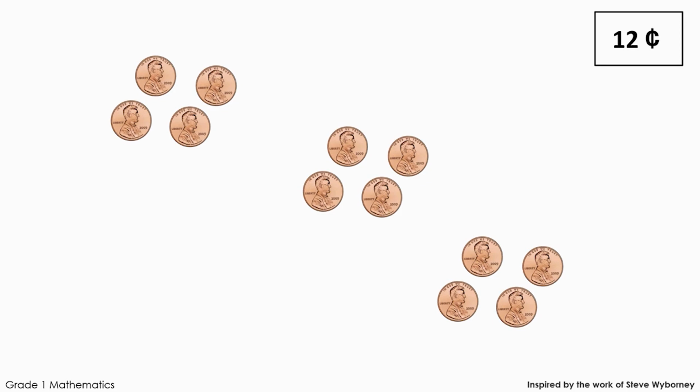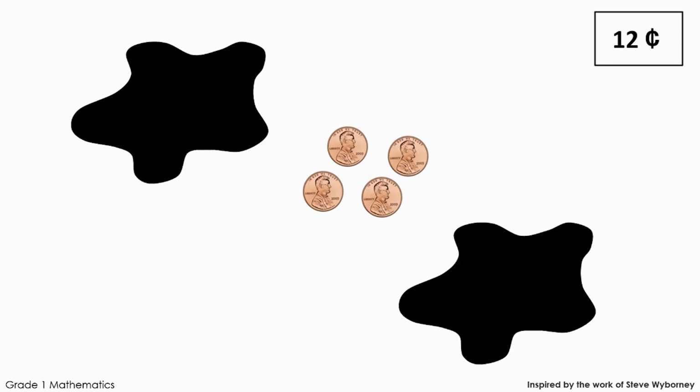Here comes our splat. How many are under the splat? I see 4 pennies, and we know there are 12.